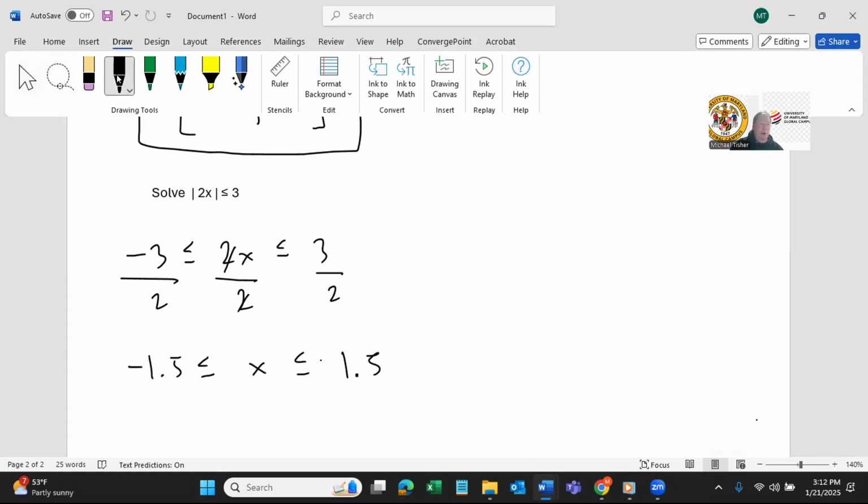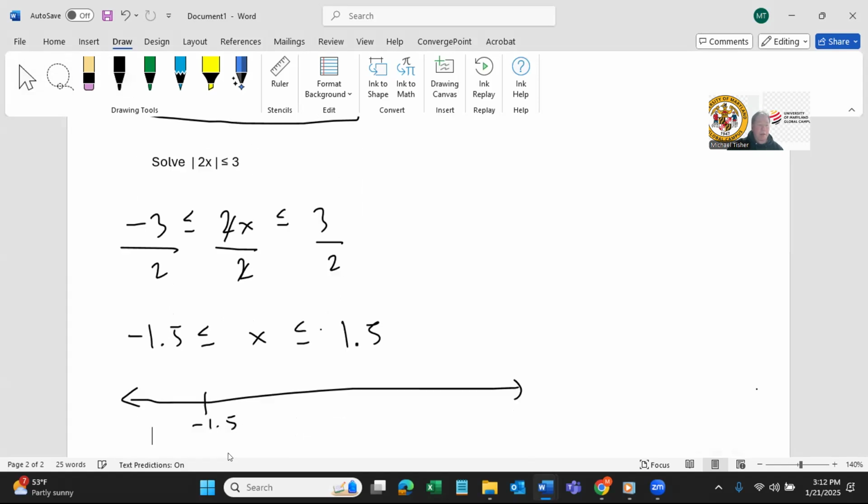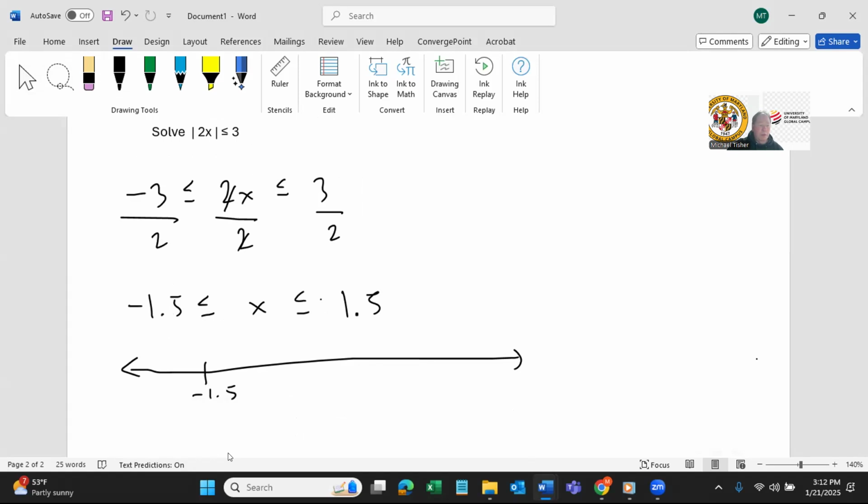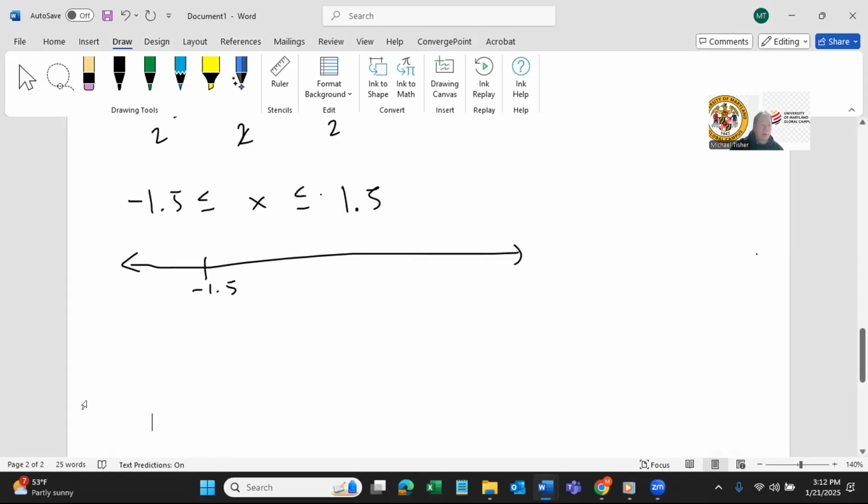So just like before, for the previous inequality, we'll shade this on a number line. All right, pretty much the same kind of idea as before, just different numbers.